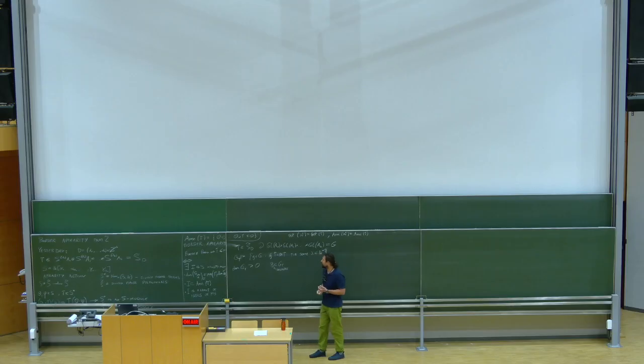So this means that if I see this group GT as a matrix group, then in some coordinates this solvable subgroup will be the intersection of GT with upper triangular matrices.